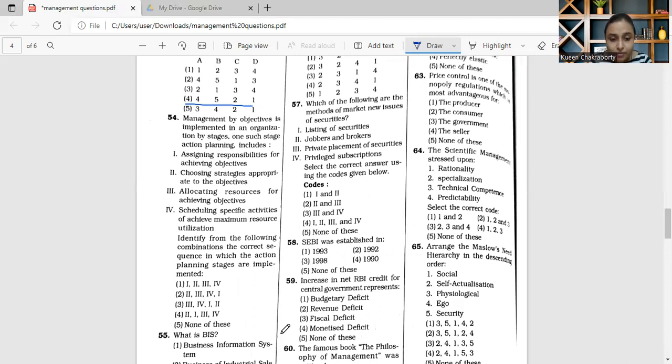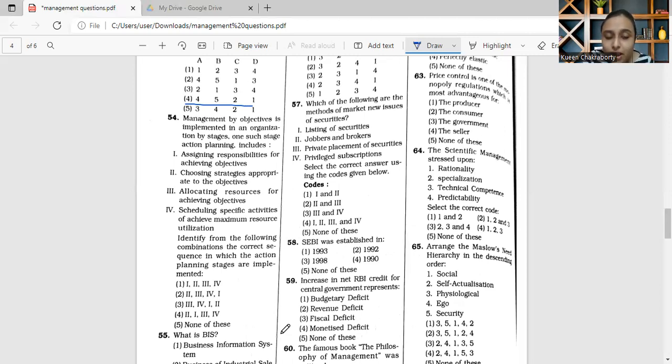Identify from the following combinations the correct sequence in which the action planning stages are implemented. We have to identify which will be one after another.